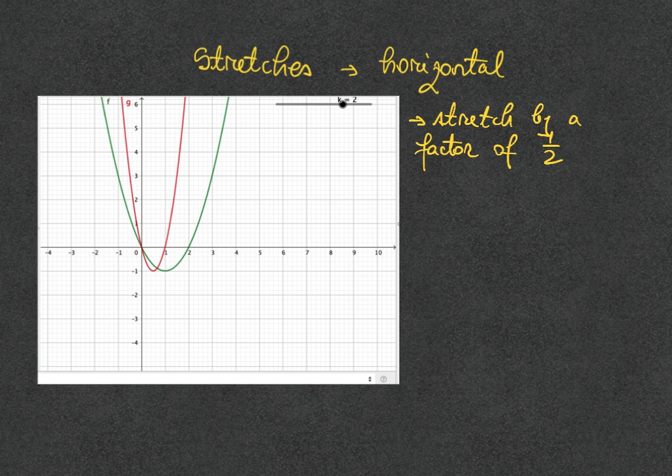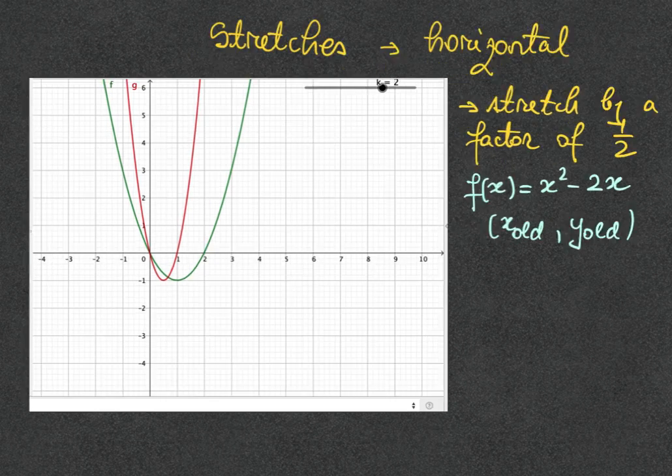So the equation of the green graph is f of x equals x squared minus 2x. I started with the same. The coordinates of the point on the green graph are x old, y old. Let's see what happens with the compression.